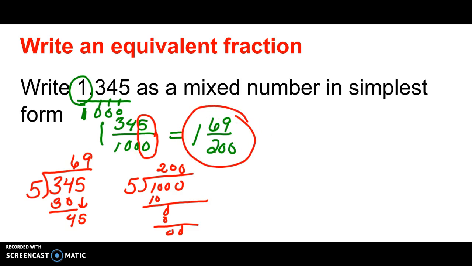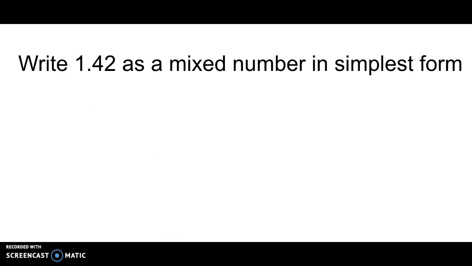So I had a decimal and I changed it to a fraction. Let's look at the next one, 1.42. My whole number is 1, and I have 42 over, so put a 1 in the ones place and a 0 for each additional digit, hundredths. Now simplify.